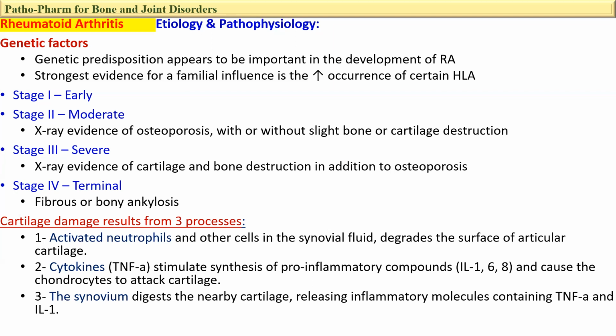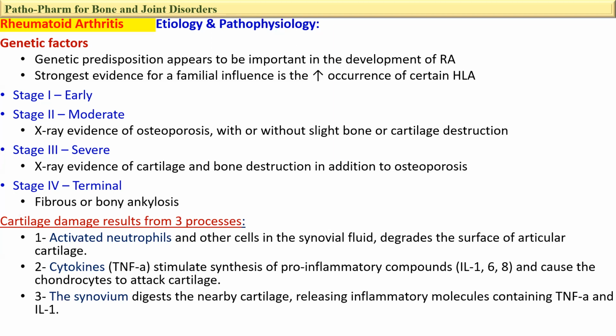Stage 3, the X-ray will reveal some cartilage and bone destruction in addition to the osteoporosis. There is joint deformity and extensive muscle atrophy. With stage 4, which is terminal, there's fibrous or bony ankylosis.